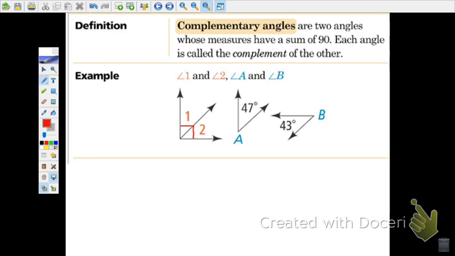In the other example, we know angles A and B are complementary because we know their angle measures, and added together, they are going to equal 90 degrees. So again, several different ways that you can know that angles are complementary.